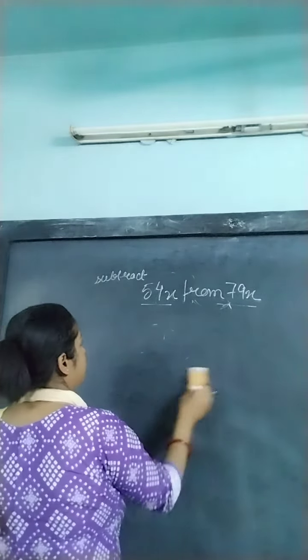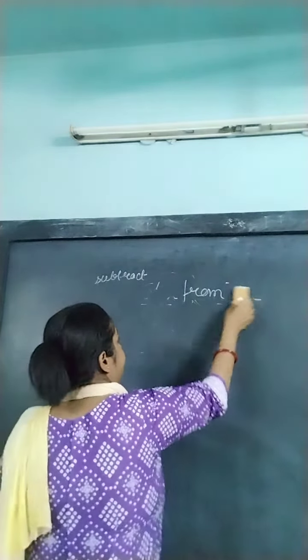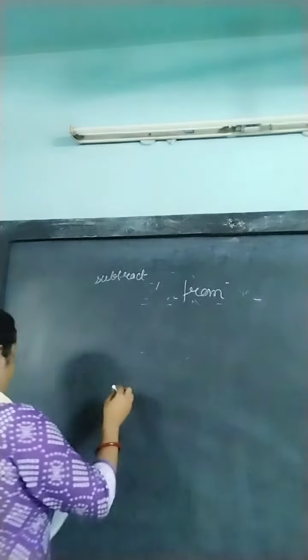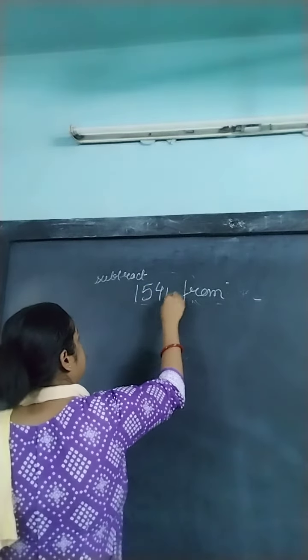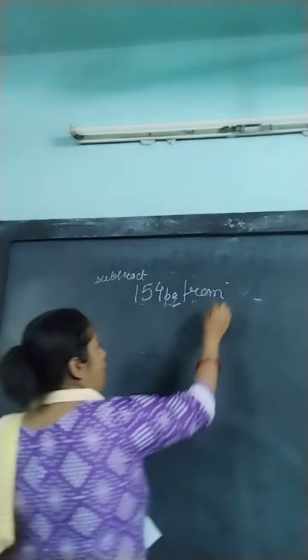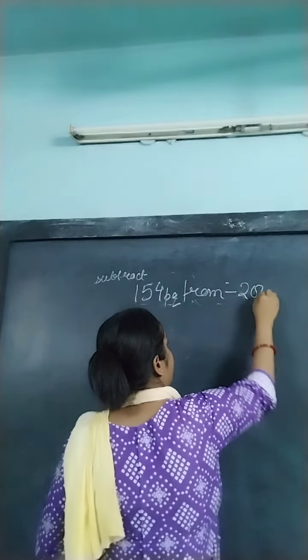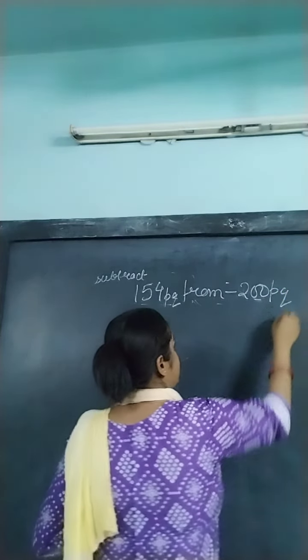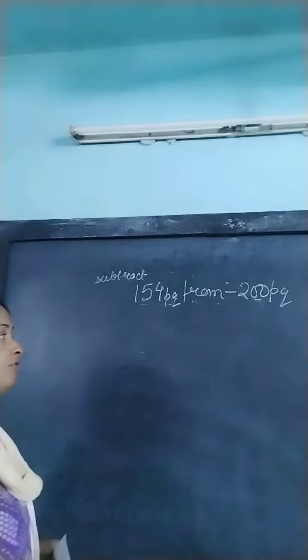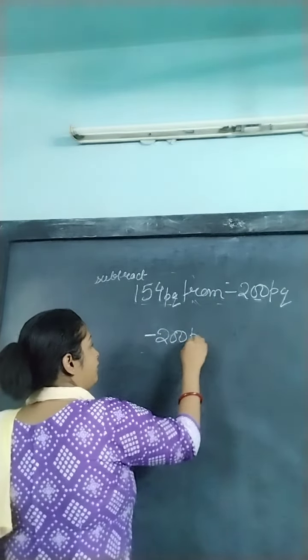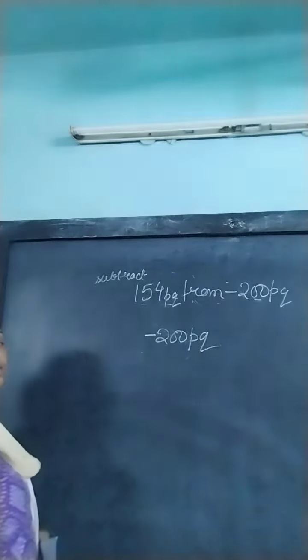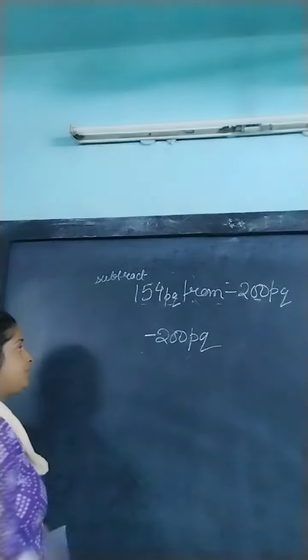If you are given subtract 154 p cubed from minus 200 p cubed, what you will do? In this case, first you have to write down minus 200 p cubed, and from minus 200 p cubed you have to take out 154 p cubed.